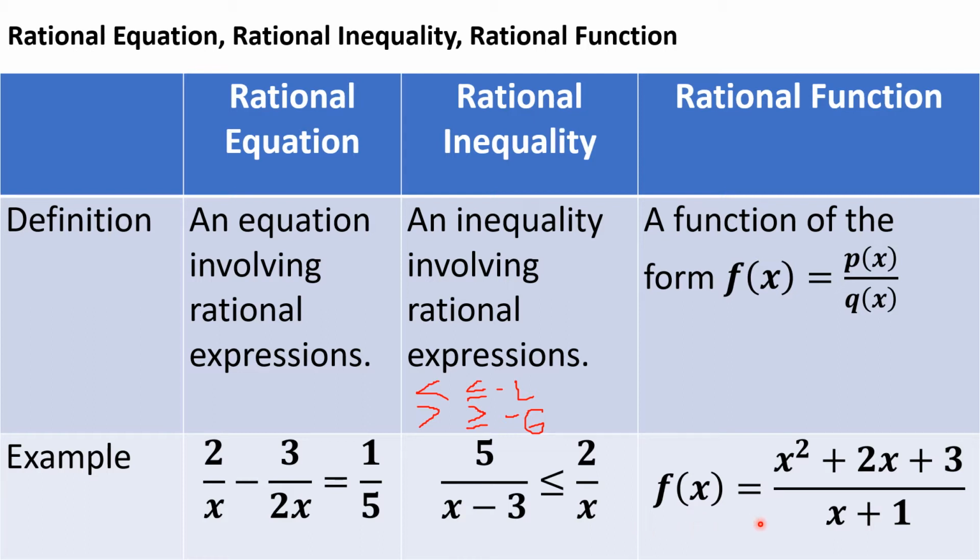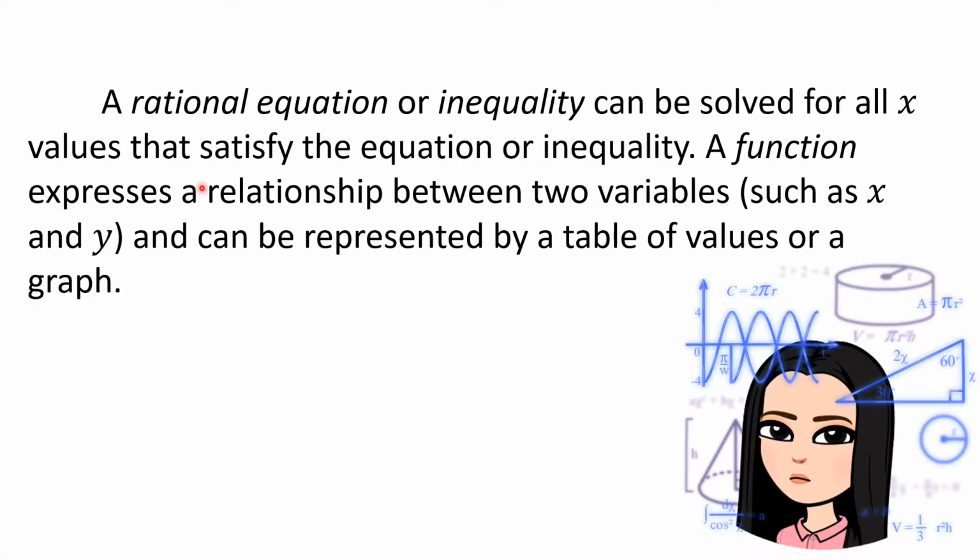So we are not making both sides of our equation equal, but rather we are looking for an output for a certain input. A rational equation or inequality can be solved for all x values that satisfy the equation or inequality.